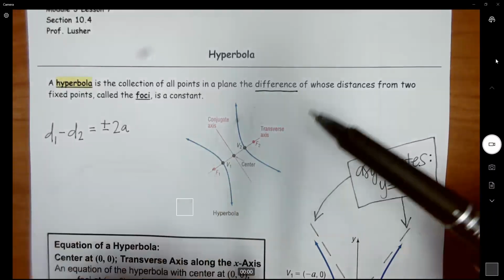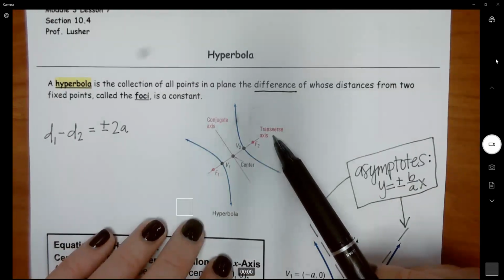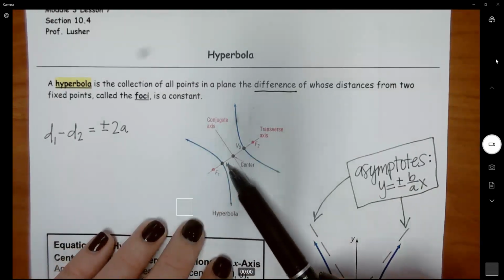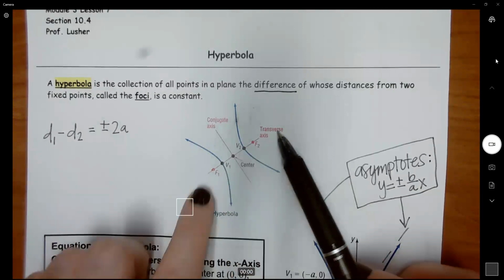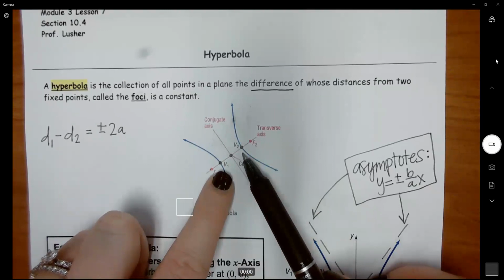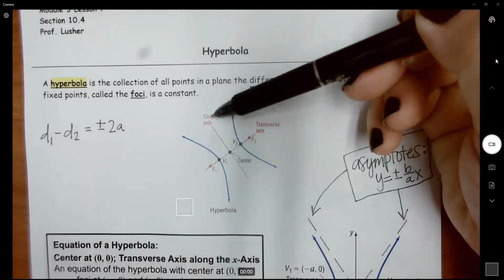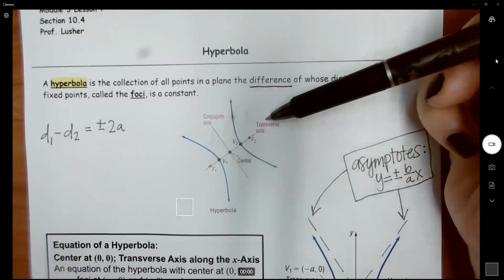So these two together are your hyperbola. You have something called the transverse axis, and the transverse axis will contain both of your foci and your vertices. And then you have something called the conjugate axis, which is perpendicular to your transverse axis.